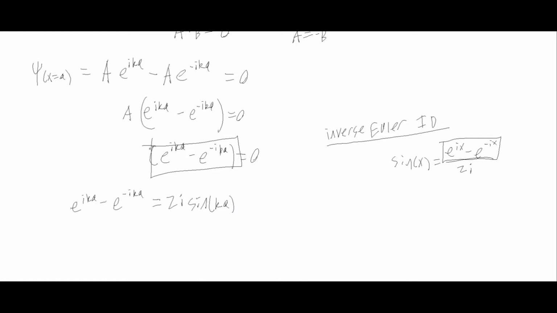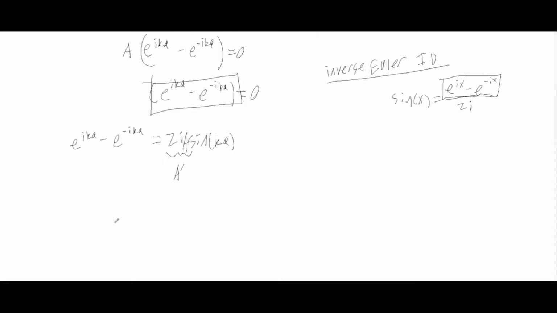Well, I should also, because we need to have this A here, put that A right there. And then what we can do is absorb that 2i into A, and we'll call that A prime. We then have e to the i k a minus e to the minus i k a equals A prime sine of k a.